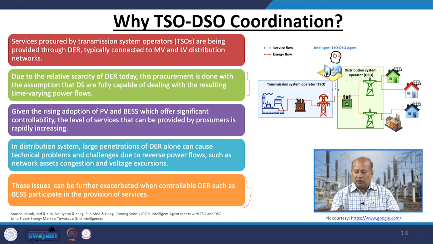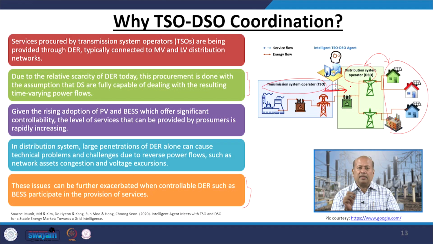This is how the DSO is sitting here and the TSO is sitting here, and these are the consumers. We have understood thoroughly how the DSO and consumers communicate with each other and exchange their benefits. However, now you are communicating to the TSO. So, the TSO is saying, DSO, look my dear friend, if you have any energy, please provide it to me, and vice versa, because the DSO is always taking help from the TSO, but now the TSO is taking help from the DSO.